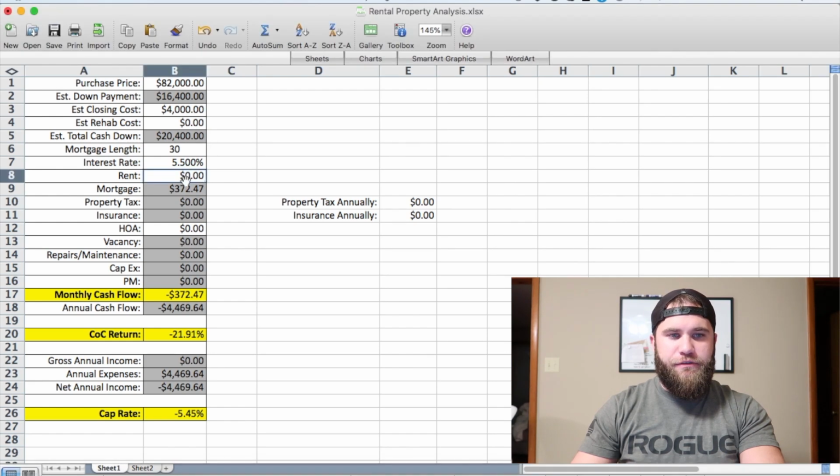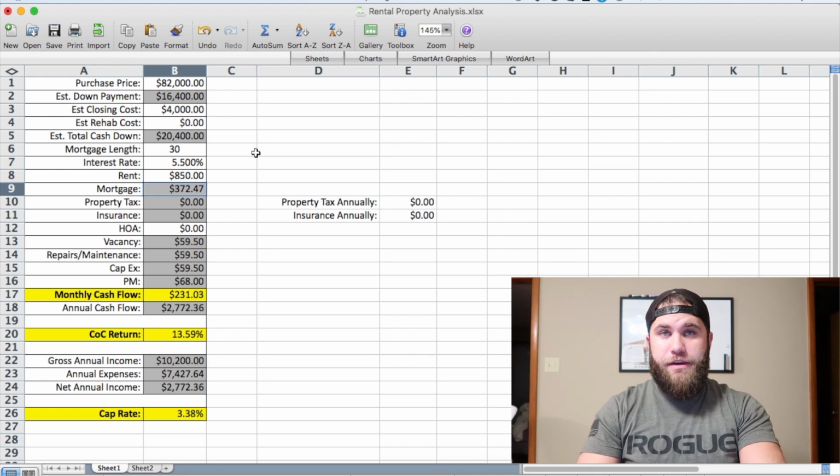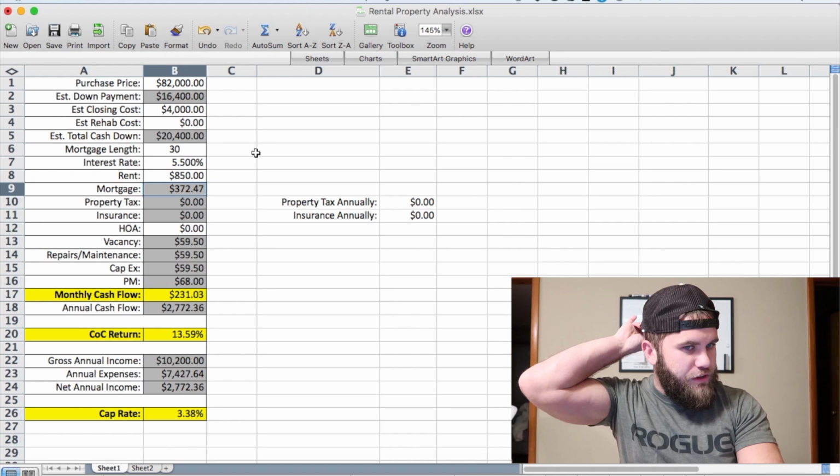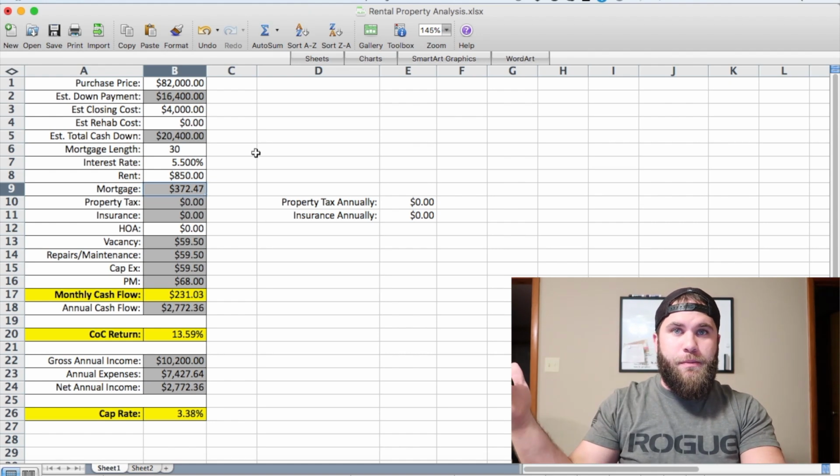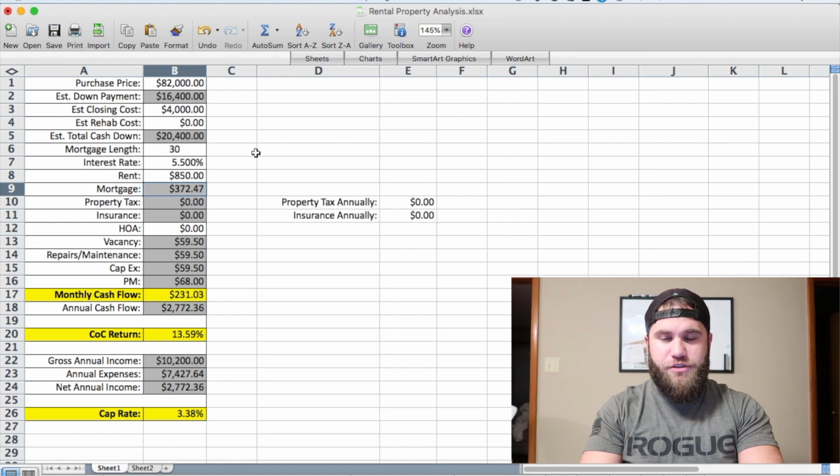My property manager, who manages a ton of properties in Kansas City, thinks I could get anywhere from $900 to $950 with this property. But let's start with the lowest because I love to be conservative, and any extra amount you make in rent per month is just extra butter on the bread. If that's even a saying, I don't know.